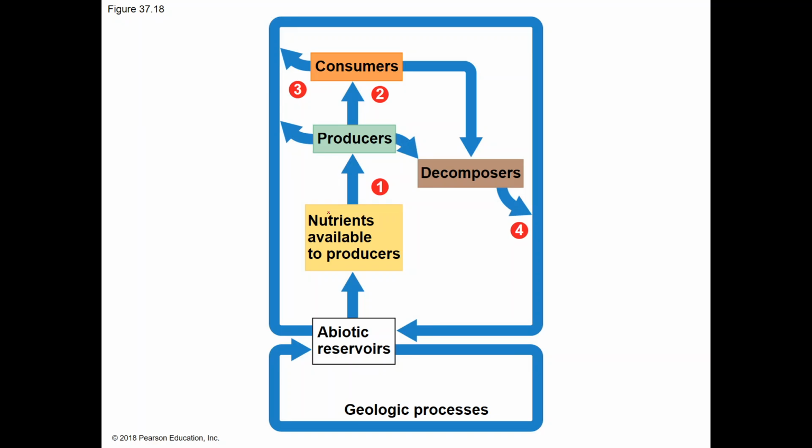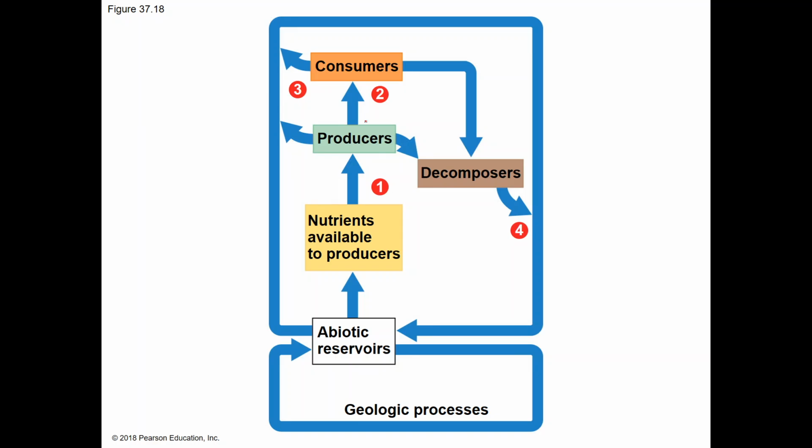So this is a general model of a biogeochemical cycle, and we're going to talk about specific biogeochemical cycles that are important to this idea of chemical cycling within ecosystems. But in general terms, if we trace this cycle, we can start here where we have the producers that are incorporating chemicals from abiotic reservoirs into organic compounds.